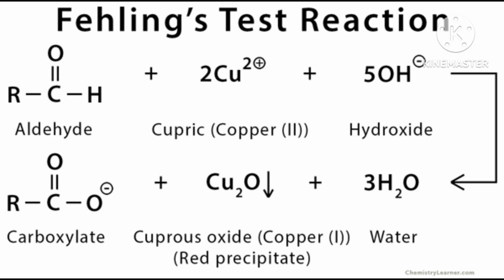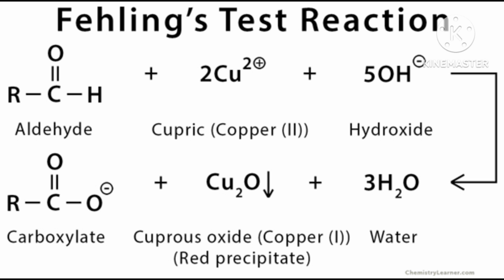In any acid, RCOOH, if H is ionized as H plus, then what is remaining? RCOO minus. That is called the carboxylate anion.